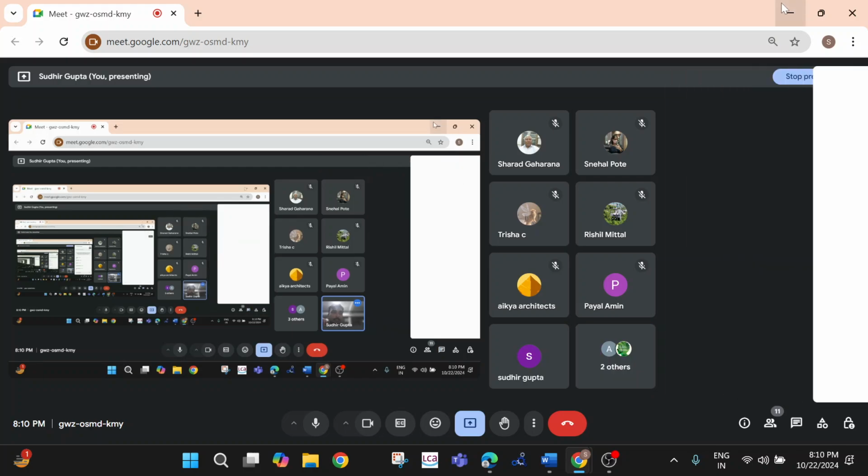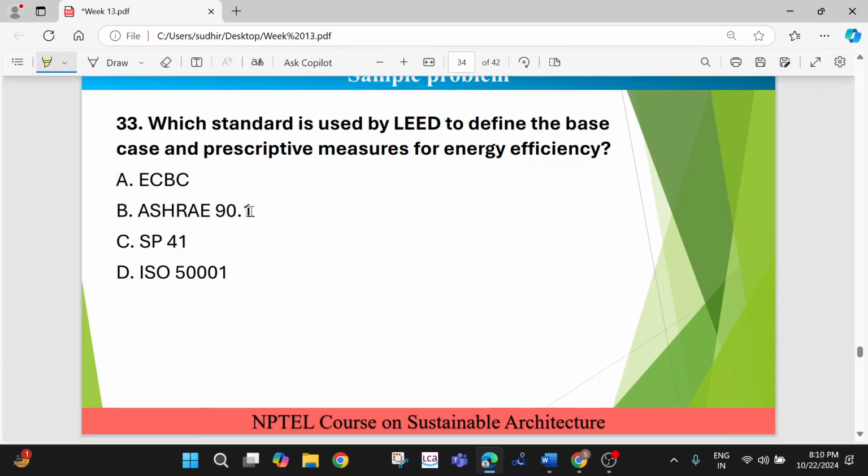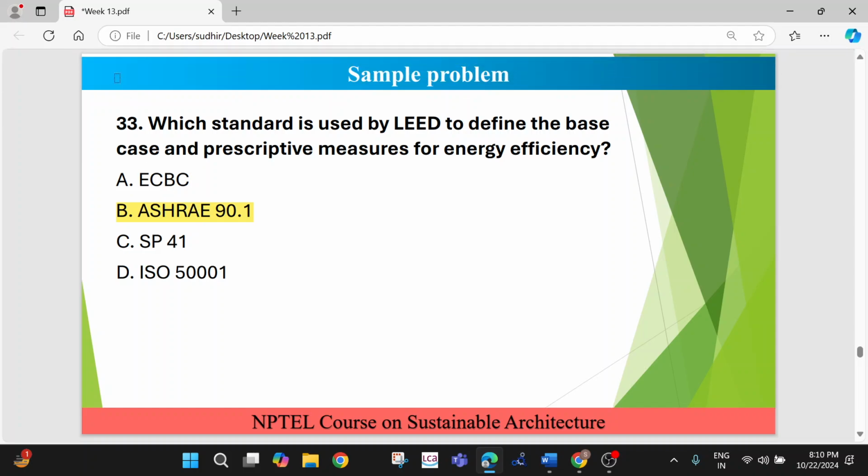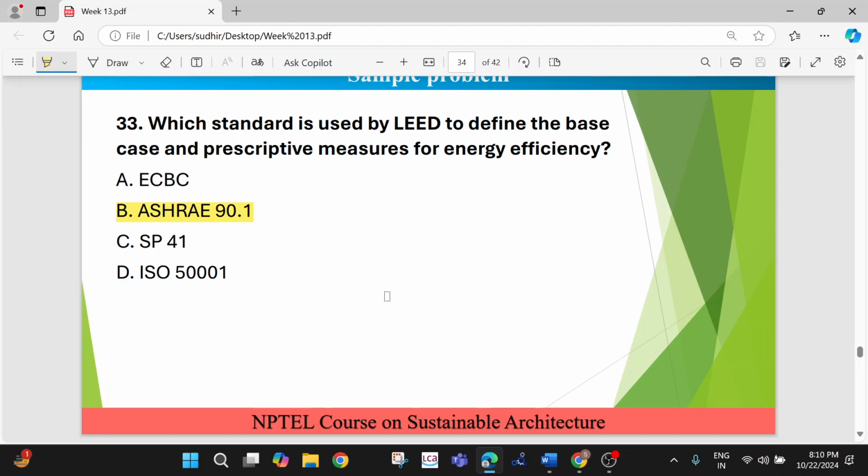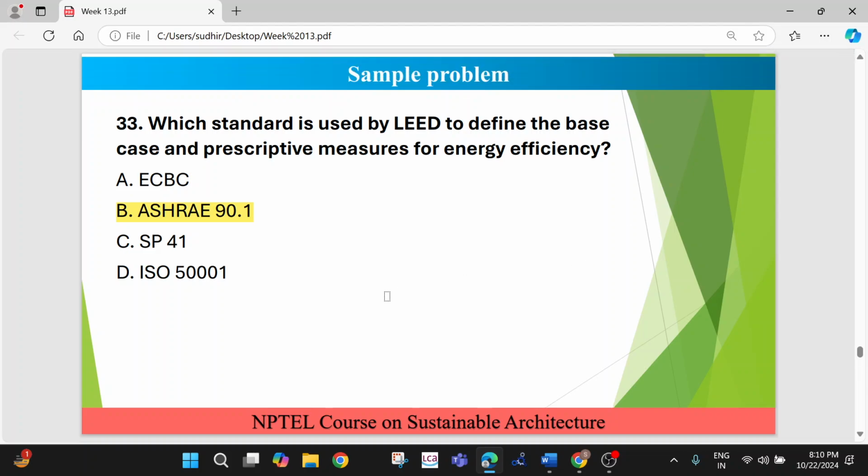Yeah, it is option B, ASHRAE 90.1. So LEED uses ASHRAE 90.1 for defining the baseline and the prescriptive measures in energy efficient building designs, which we have also used in our hands-on workshop session for the GenBuilder software.